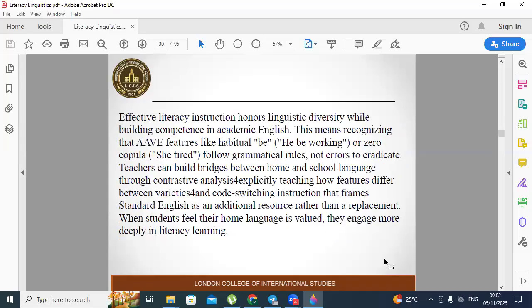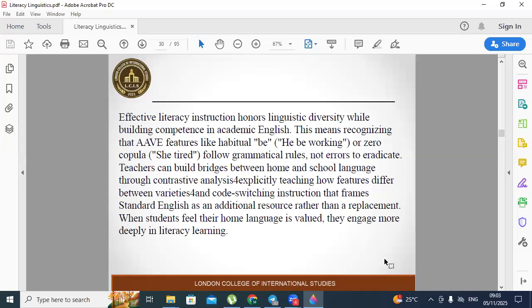Effective literacy instruction for dialect speakers. Let's get specific about what effective literacy instruction looks like for students who speak non-mainstream dialects. This requires both linguistic knowledge and cultural responsiveness. First, effective instruction honors linguistic diversity through explicit recognition and validation.